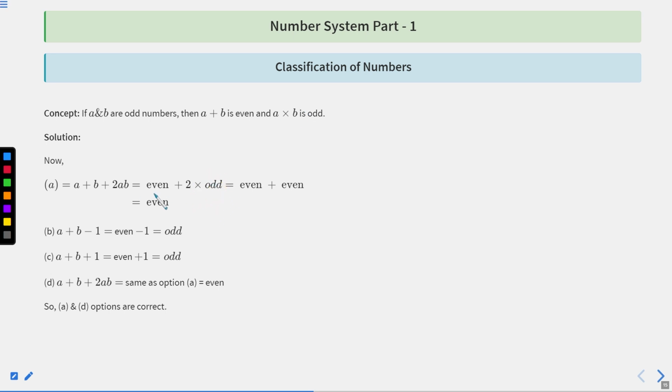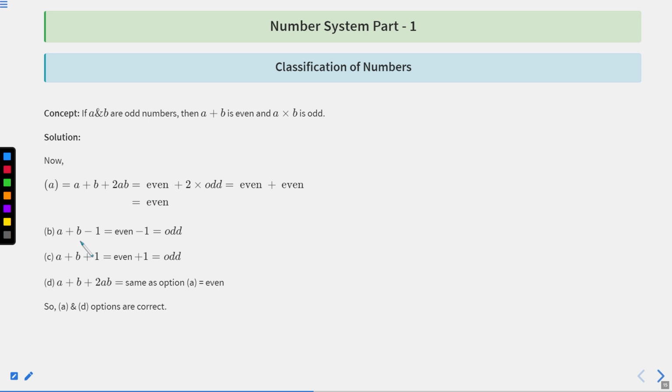Now, what do we have here? We have an even number plus 2 times an odd number. And whenever we multiply any number, whether it is even or odd, by 2, the result is an even number. So we have an even number plus an even number. Therefore, the final result is going to be an even number.